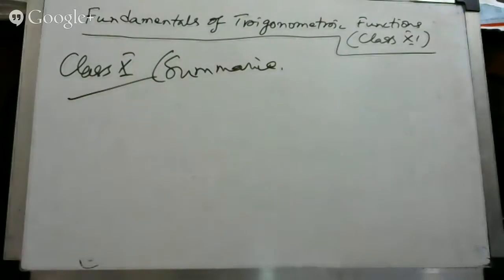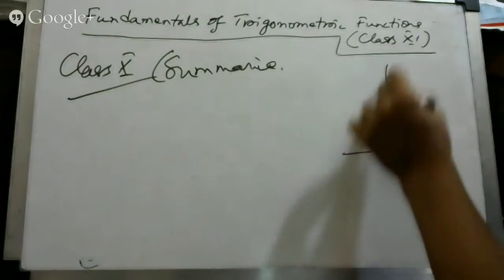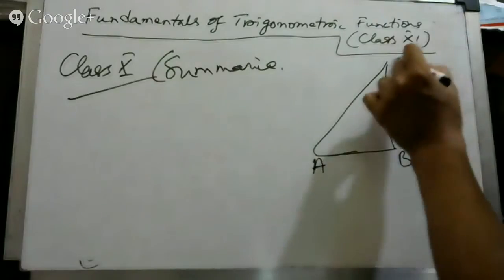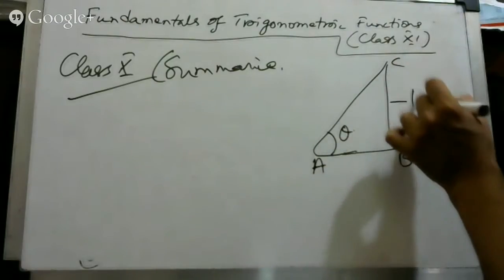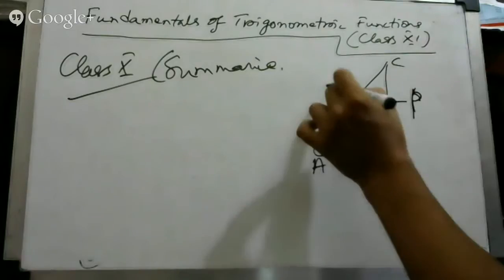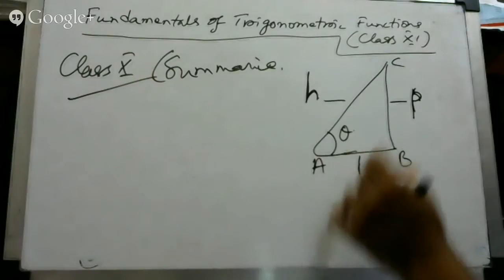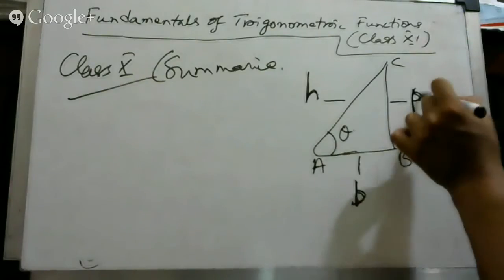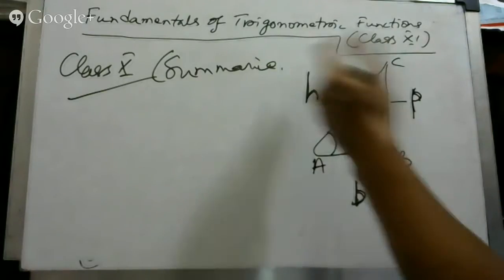So basically, say for example, we have a triangle ABC, and this is the angle theta. This is our perpendicular, which is P. This is our hypotenuse, which is H, and this is our base, B. The side opposite to theta is the perpendicular, the side adjacent is called the base, and then the hypotenuse.